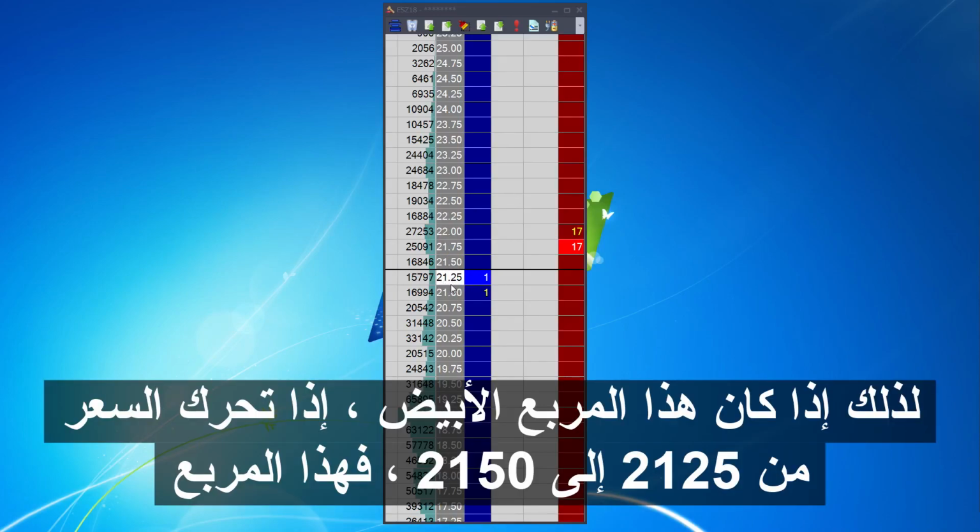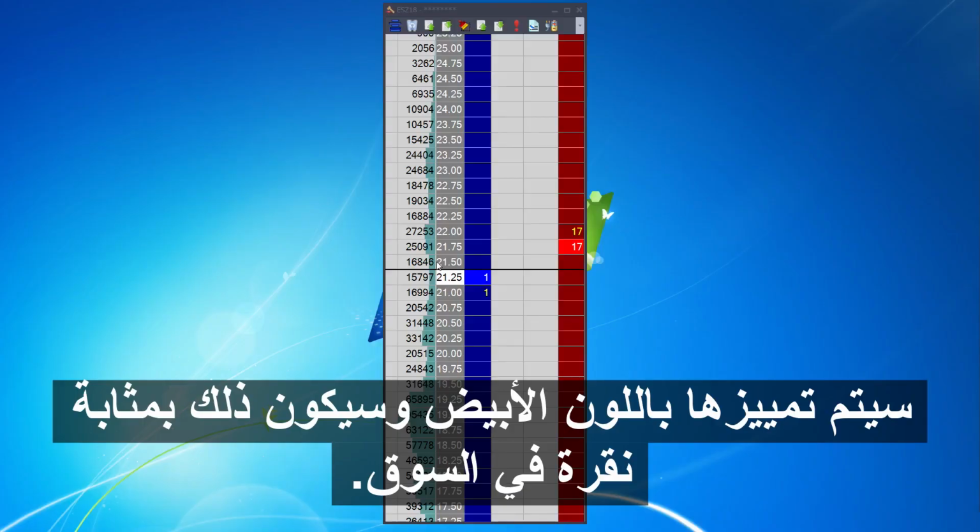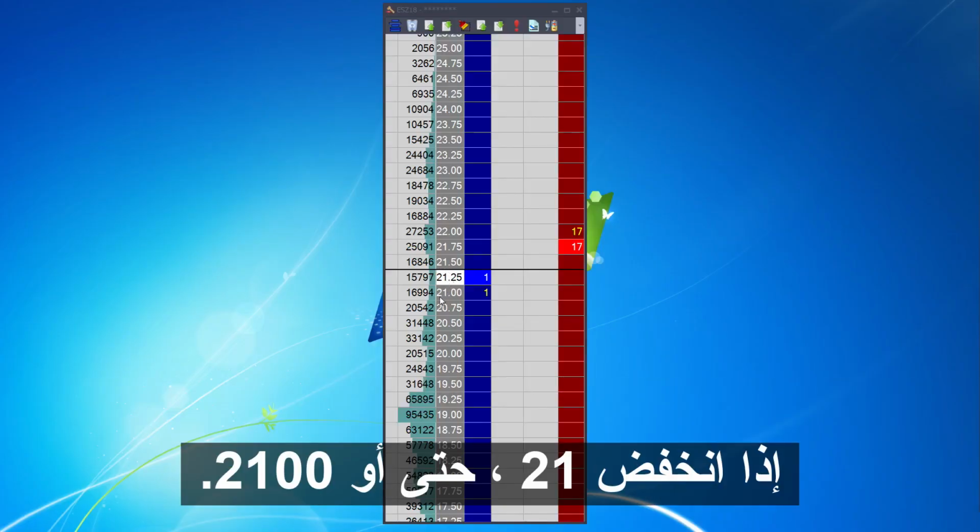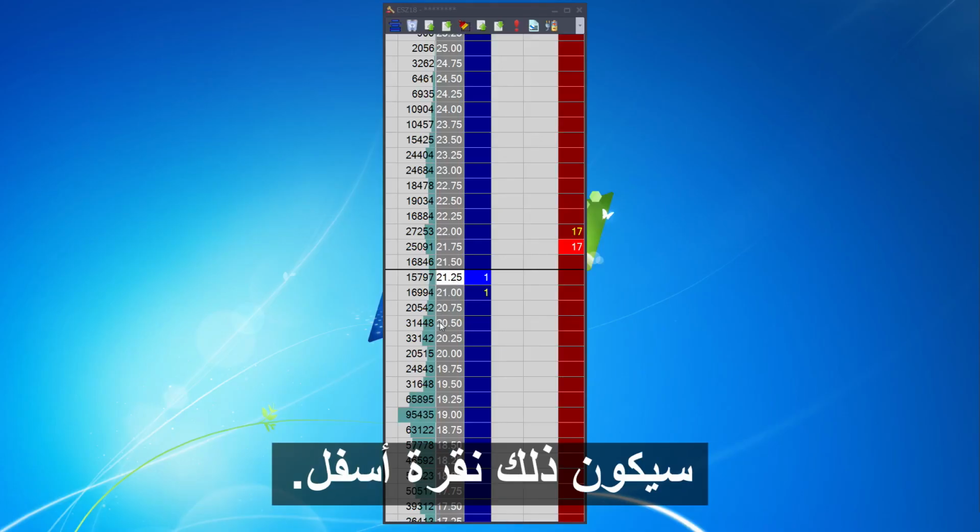So if the price moved from 21.25 to 21.50, this box would be highlighted white, and that would be a tick up in the market. If it went down to 21 even or 21.00, that would be a tick down.